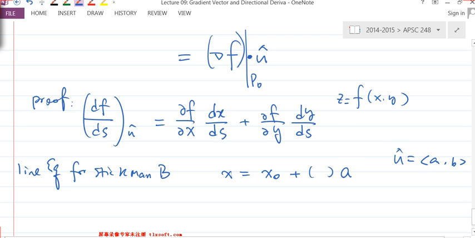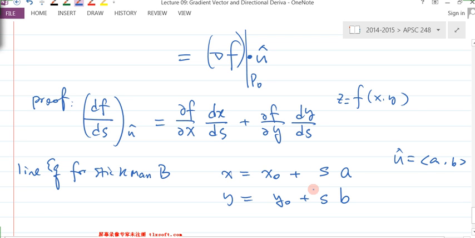So what parameter should we use? Usually we use a t, but in this case, I'm going to use the displacement s. So x equals x naught plus s times a, and y equals y naught plus s times b. That's the line equation, and z equals 0. That's in the xy plane.